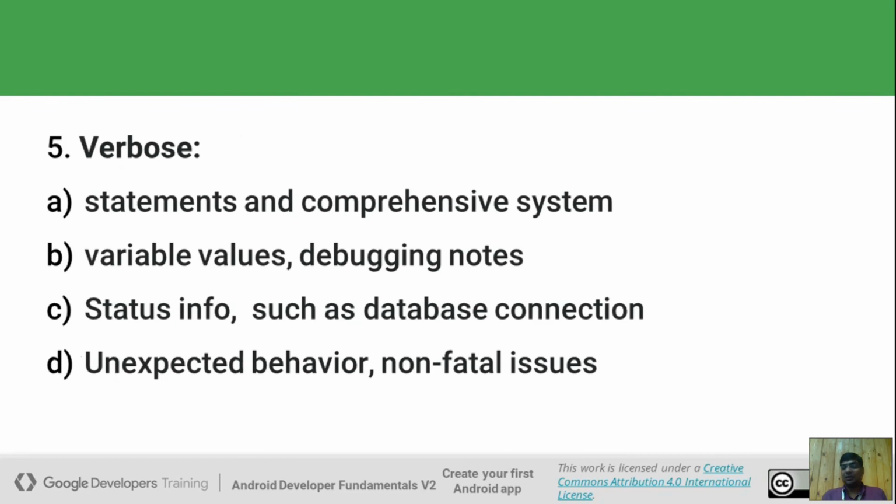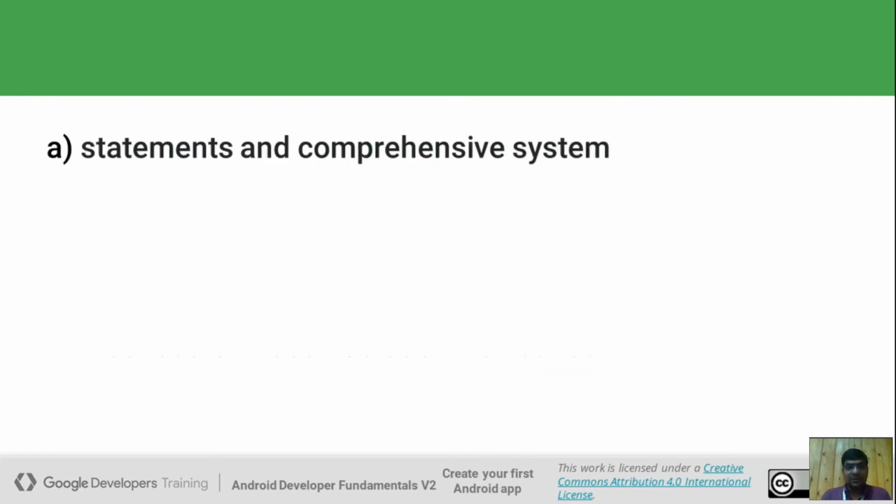Next is, what is Verbose? The options: statements and comprehensive system, variable value and debugging notes, status info such as database connection, and last is unexpected behavior and non-fatal issue. Verbose is the statements and comprehensive system.